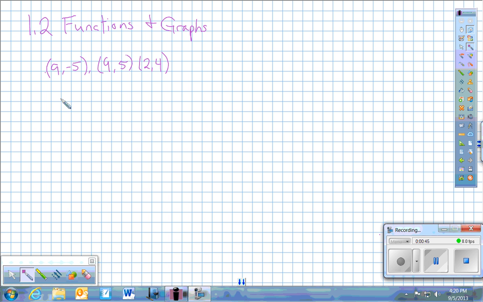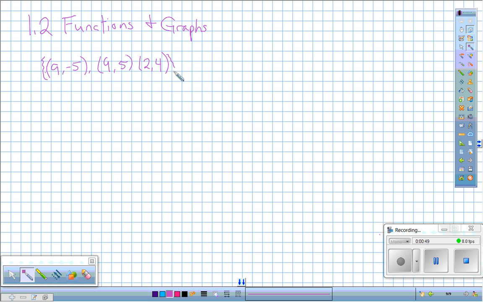And this table that I'm going to make is actually called a mapping. And don't let me forget my set brackets are in this. So I have 9 and 2. Those go in my domain. I don't write 9 two times when I make a mapping. 9 and 2, and I'll write mapping here.